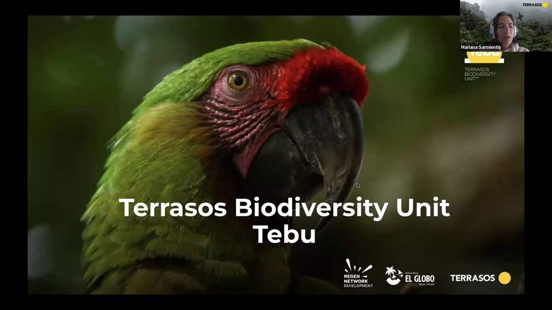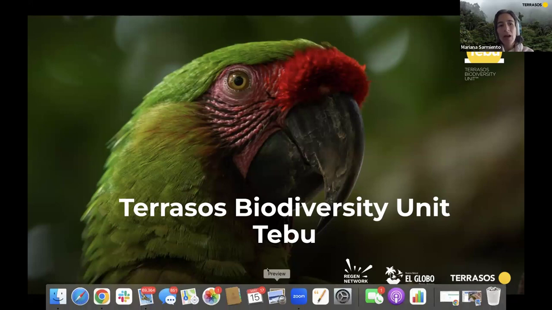We do believe that we're all in the process of shaping a market, a biodiversity market. And I think the challenge that we have is to create a market that is transparent, that is inclusive, but also that delivers high impact and long-term results. So with that, many of you know, Terrasos has developed a protocol for issuing biodiversity credits.